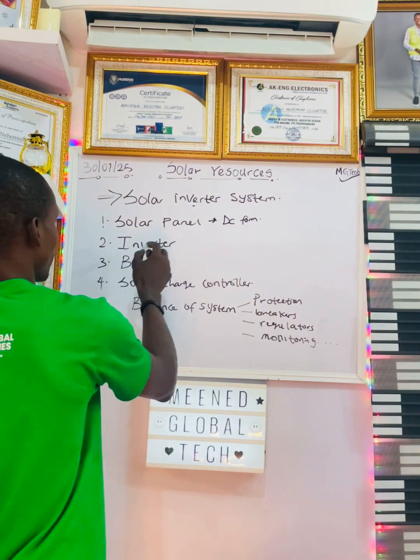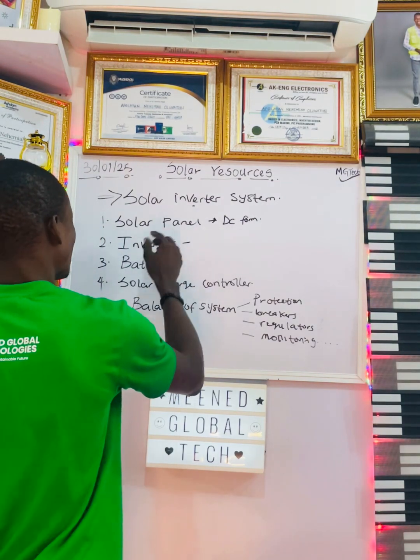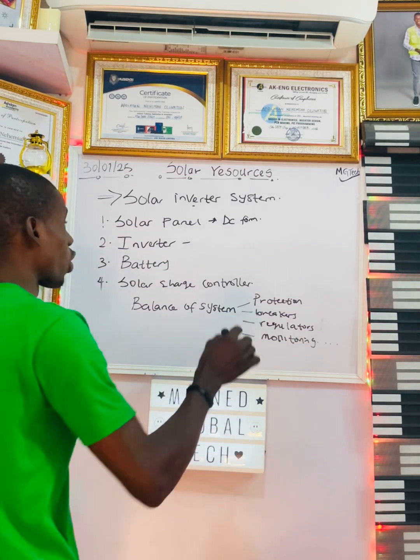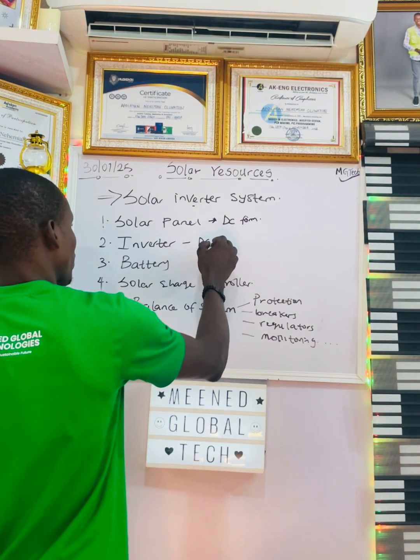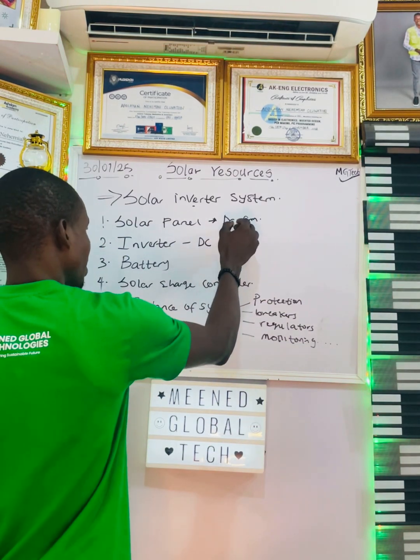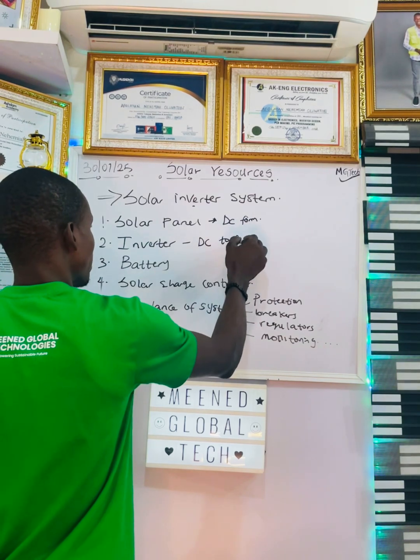Then the inverter. The basic function of an inverter is to convert the DC form of energy to AC.